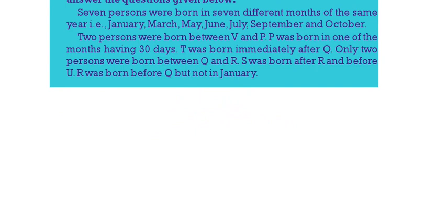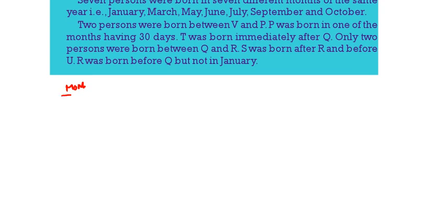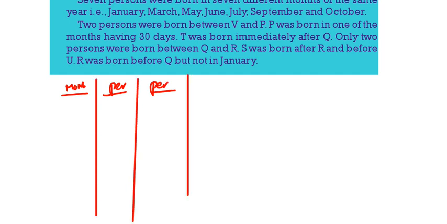So this is the information we are having. Now you see we are having the months. First one should be month. Next one person. We will try to do in 2 column, 2 possibilities. So months.